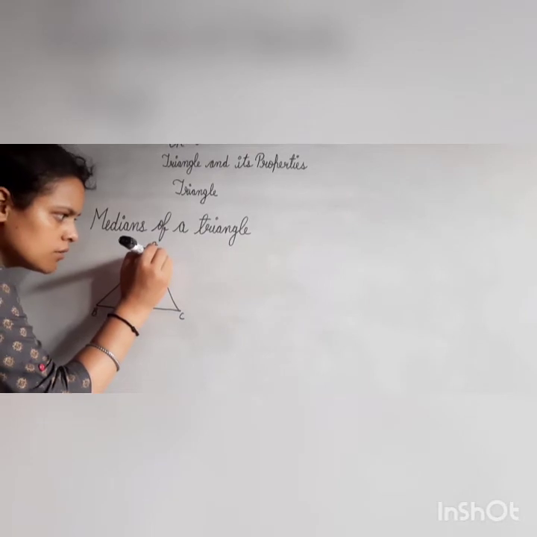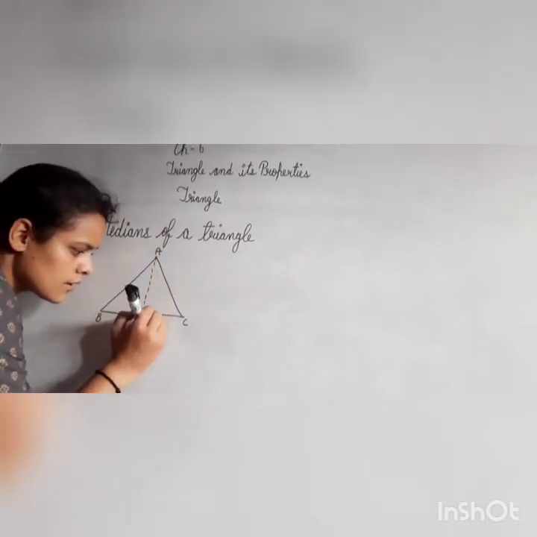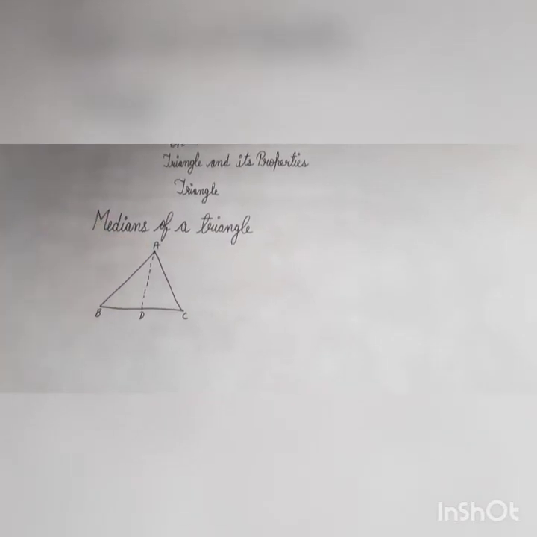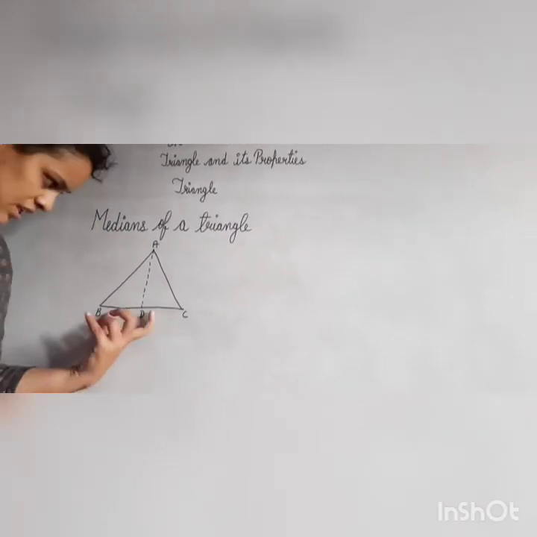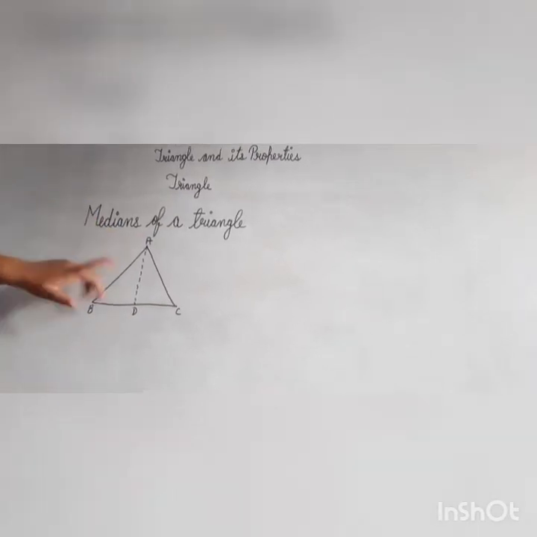This is a median on this triangle. The line segment AD joining the midpoint of BC to the opposite vertex A is known as a median.